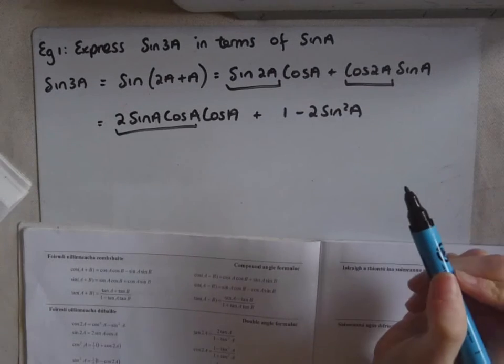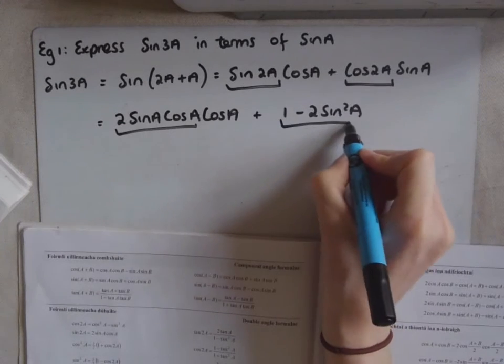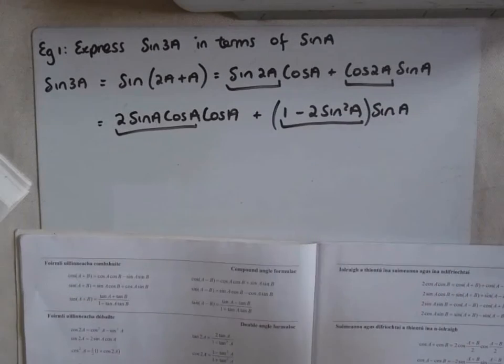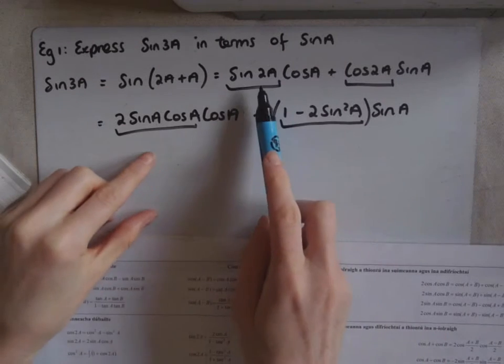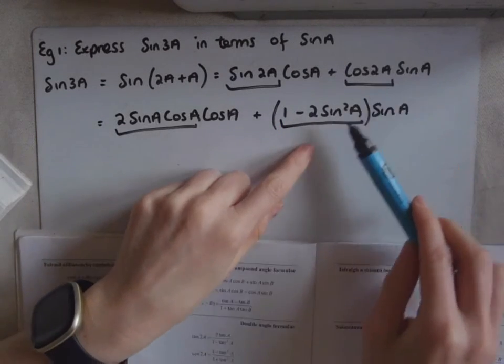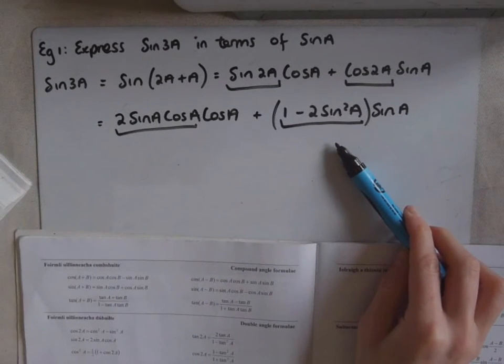Remember sine squared a is just sine of a to be squared, so that's allowed. By sine a. So what we did there was we replaced the sine 2a, and we replaced the cos 2a, and we picked the formula that was going to have just sines in it.